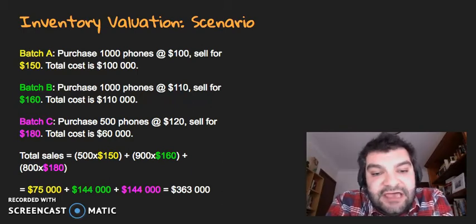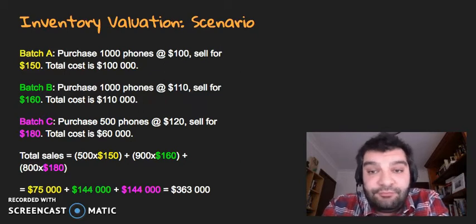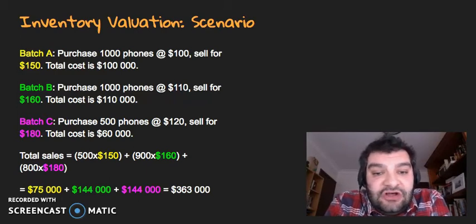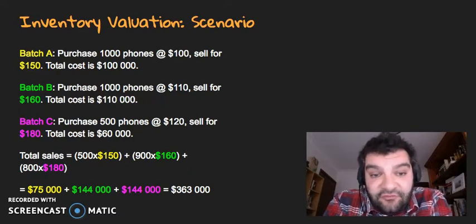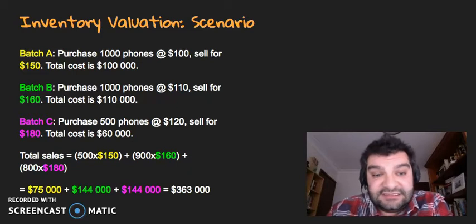So the total sales. Now, these are just hypothetical numbers put in for the scenario. In January, they sold 500 phones, and again, they were selling them for $150. In February, they sold 900 mobile phones, and they sold them for $160 each.